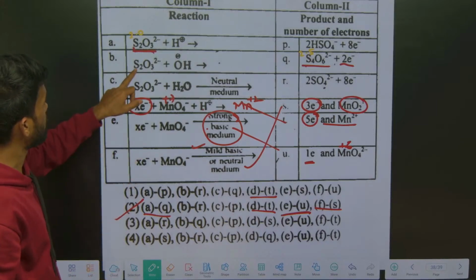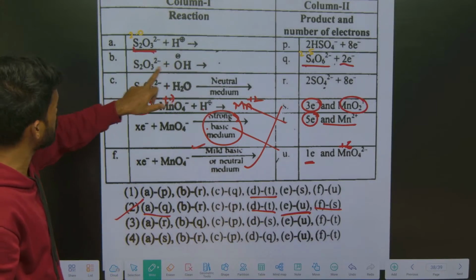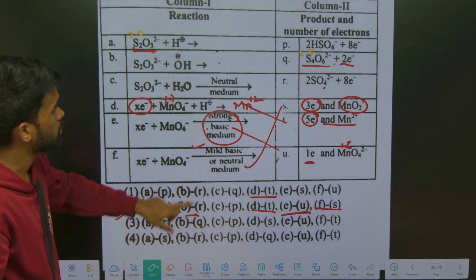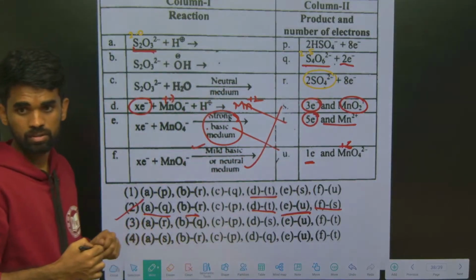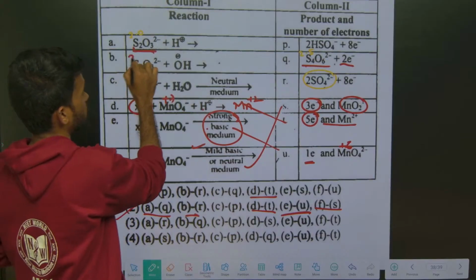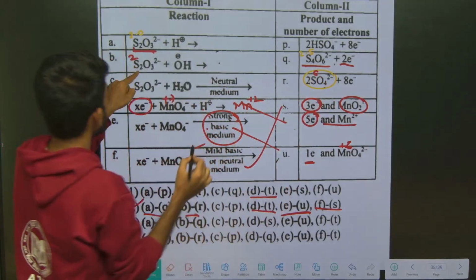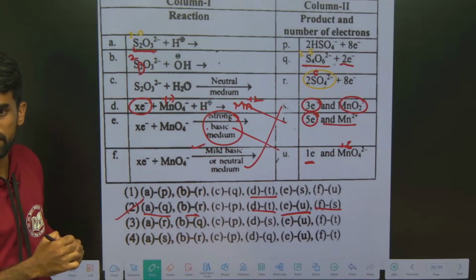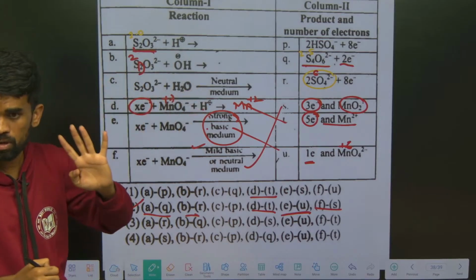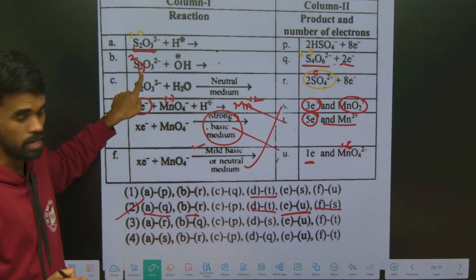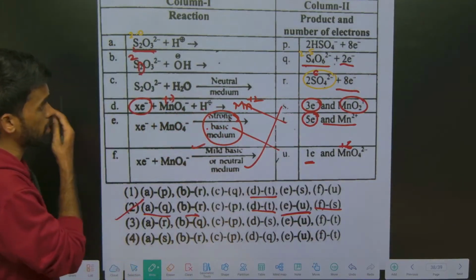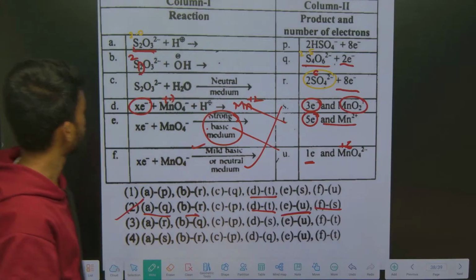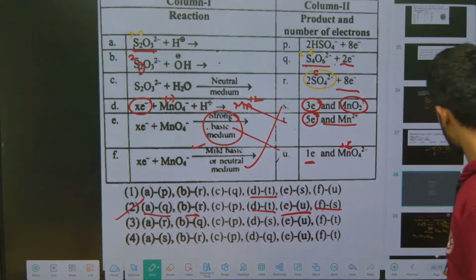Next, S2O3 in basic medium, B is R: it converts into S of sulfate ion. Here 2 is converting into 6, which is 4 each, times 2 is 8. So the n factor will be 8, that's why 8 electrons. Okay, right. Next.